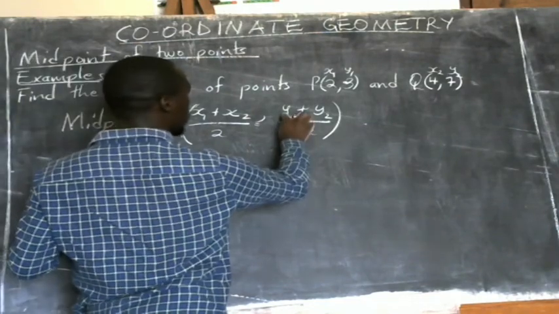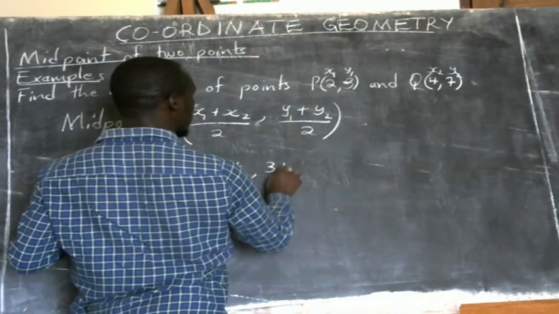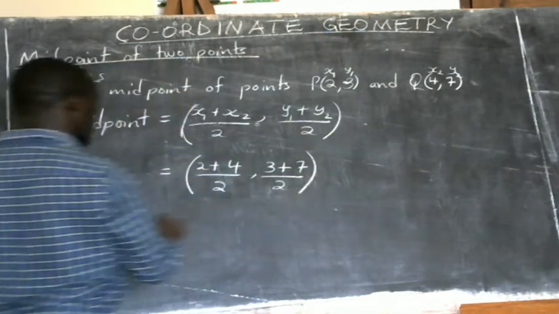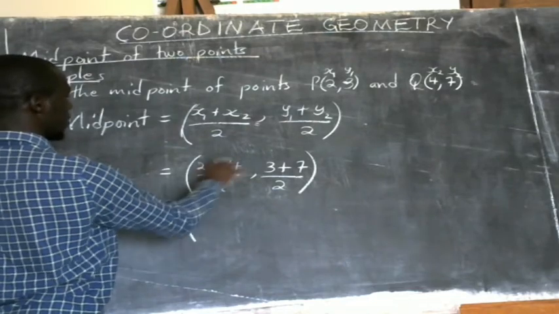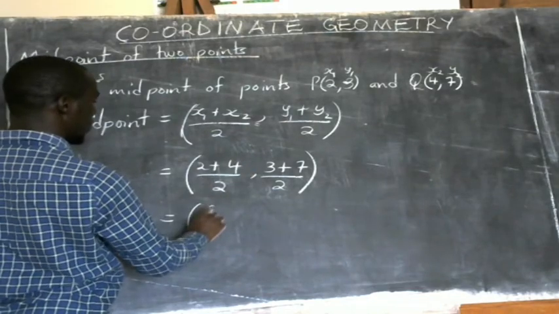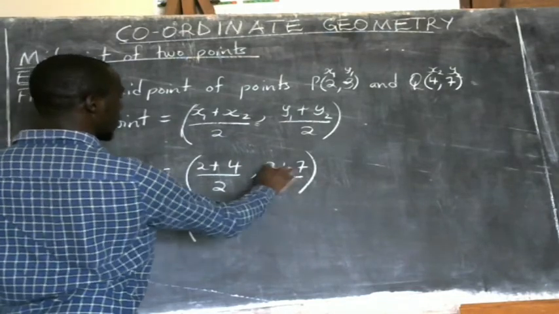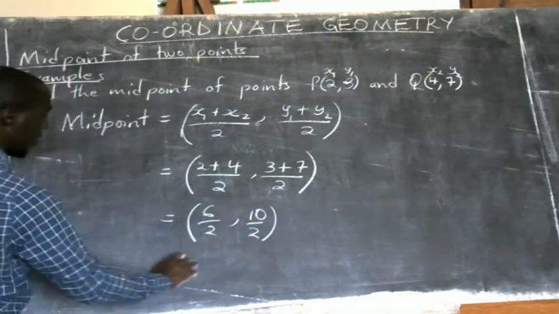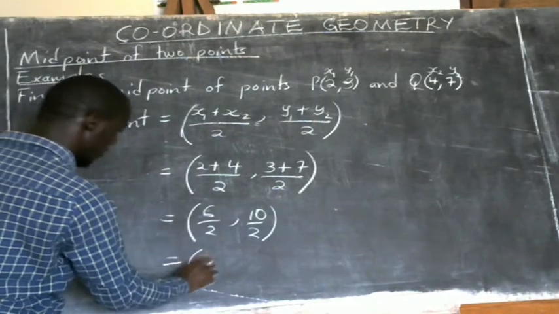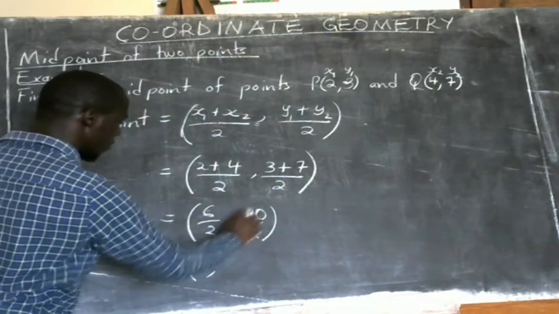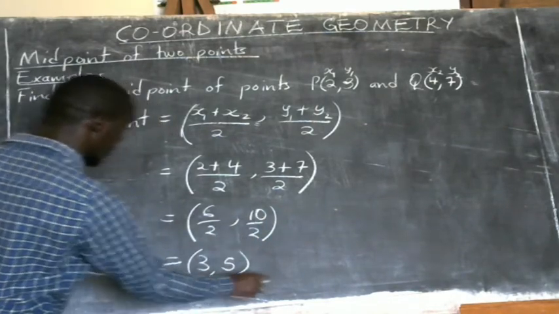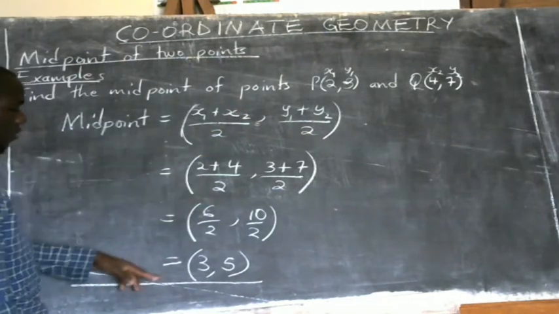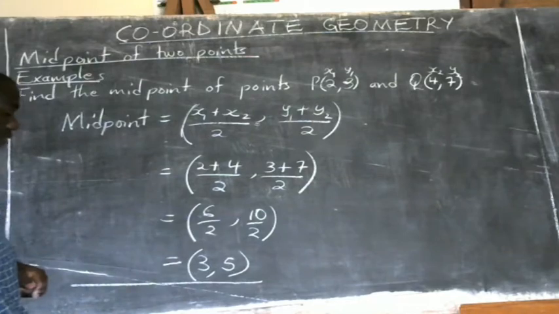Then y1 is 3 plus 7, divided by 2. Adding in the numerator, I have 6 divided by 2, then 10 divided by 2. This gives me 3, and then 5. So the midpoint of points P and Q is (3, 5).